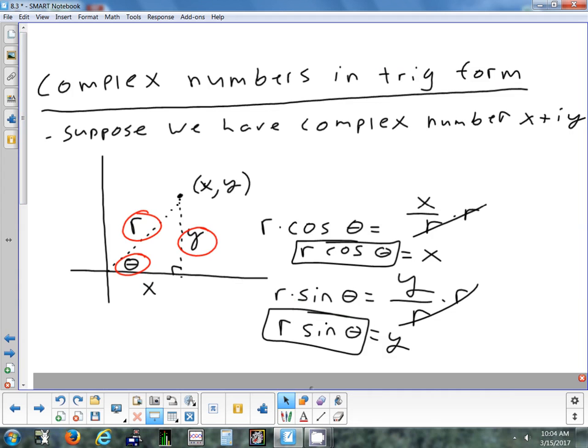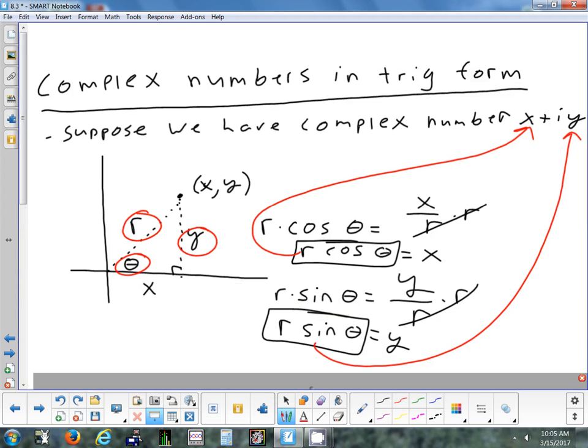Now basically what we're going to do is we're just going to substitute those two formulas in. Wherever you see an x, you're going to change x to r cosine theta. And wherever you see a y, you're going to change it to r sine theta. And that's going to give us the trig form of a complex number using just r's and thetas.